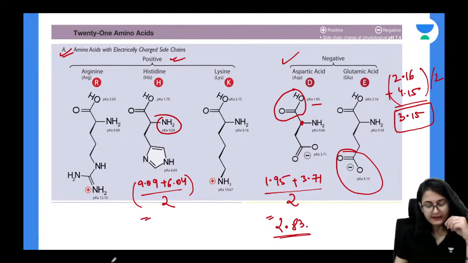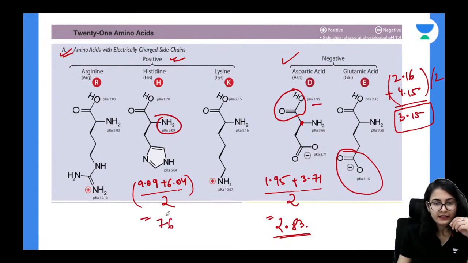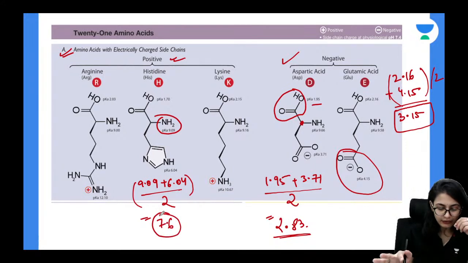Yes, what is it? 7.6. Yes, round off, 7.5 से 7 को round off करके 7.6 we have taken.